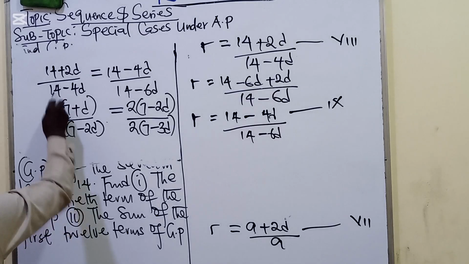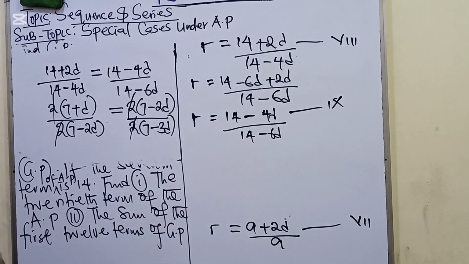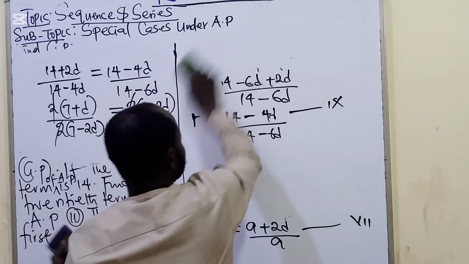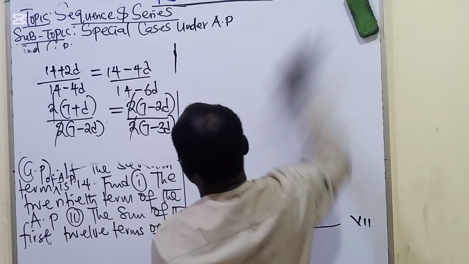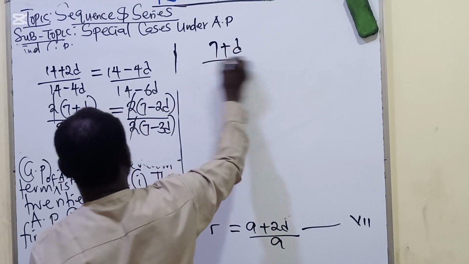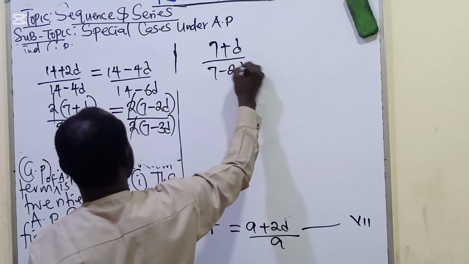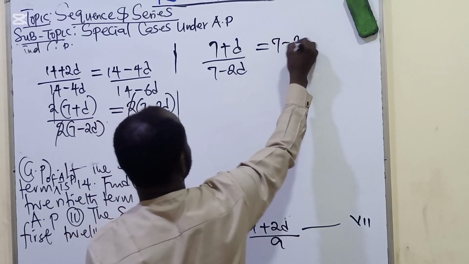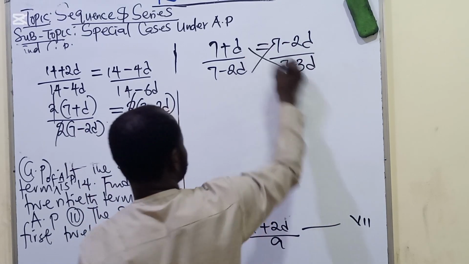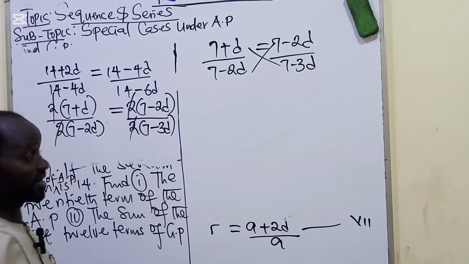Clearly here, we can remove these two, can divide this, we'll be left with 7 plus d divided by 7 minus 2d will be equals to 7 minus 2d divided by 7 minus 3d. We can cross multiply now at this point so that we can find d.